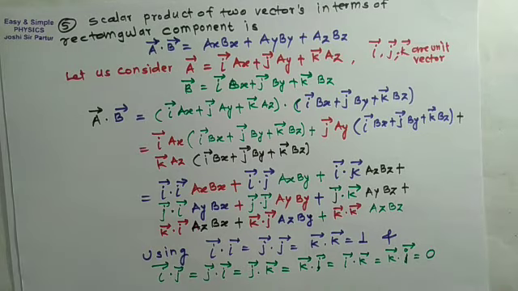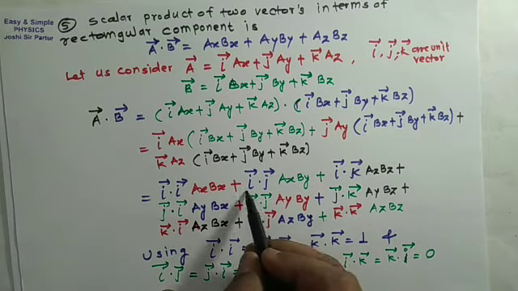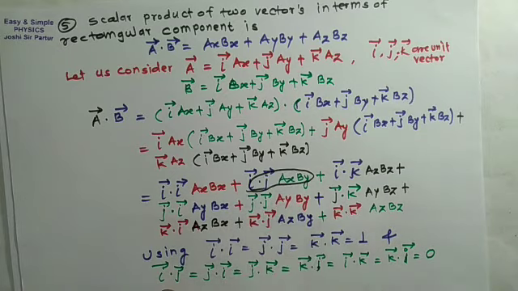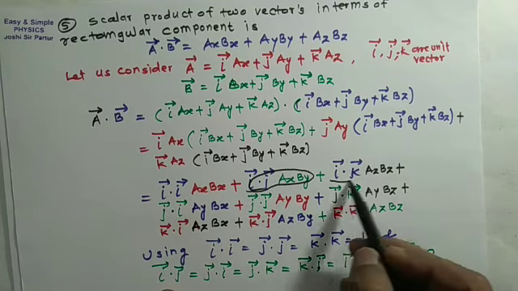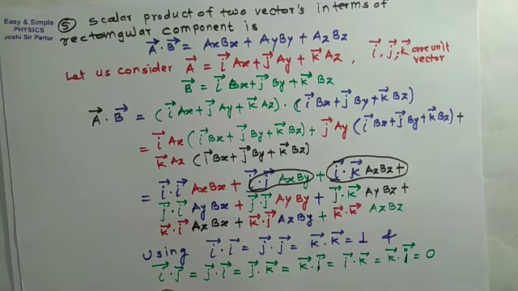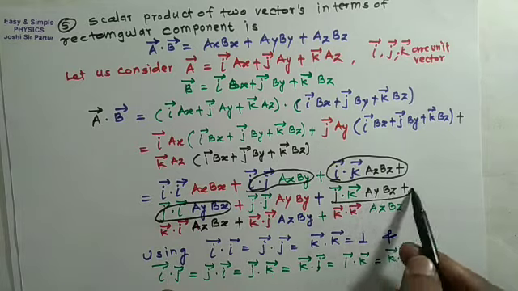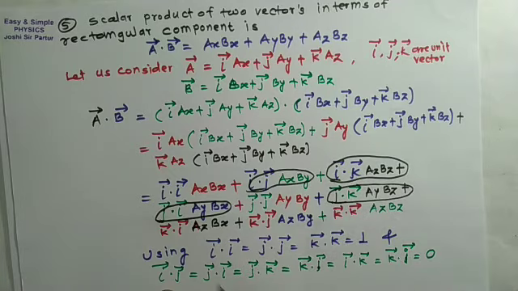If we use the two rules, here vector i dot j will be 0, vector i dot k will be 0, vector j dot i will be 0, vector j dot k will also be 0, vector k dot vector i will also be 0, vector j dot vector k will be 0.